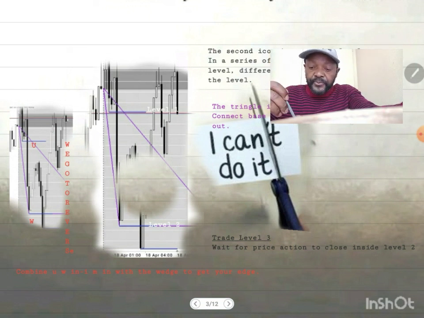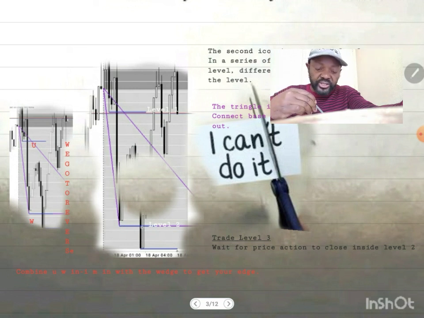So now the triangle is the third icon. This triangle here, the purple one, is our third icon. We put it at the bottom of the base, and then we extend it past level 1 to level 2, and then we cross it.